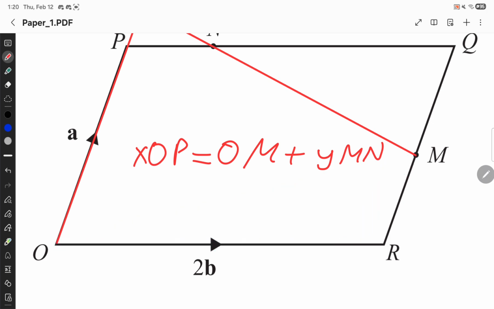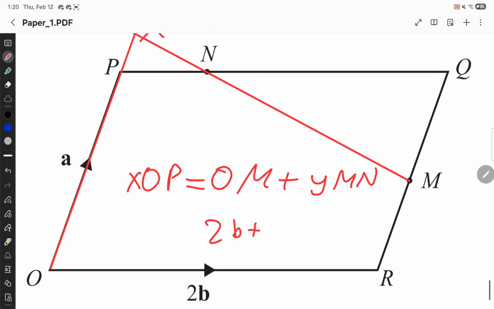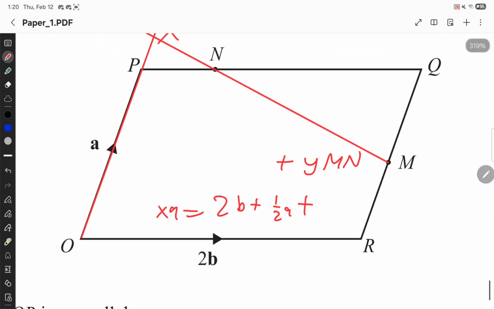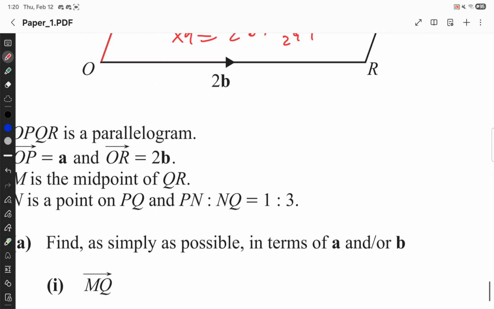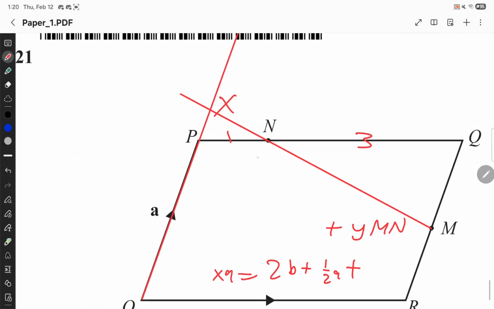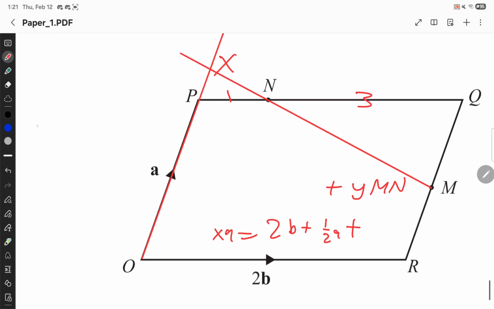Now OM is just 2b plus half a, 2b plus half a. y MN, let's just, OP is, XA is equal to this, and y MN. Now we know PN to NQ is equal to 1 to 3, so this is PN is 1, this is 2 minus a quarter, so this is 3 over 4, no, 2 minus a quarter.